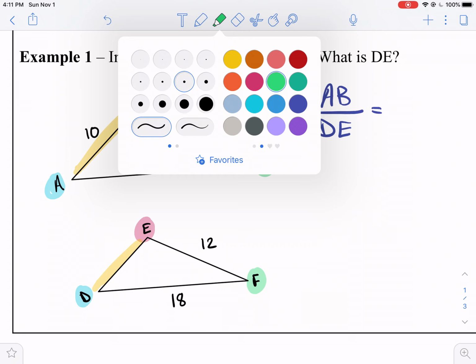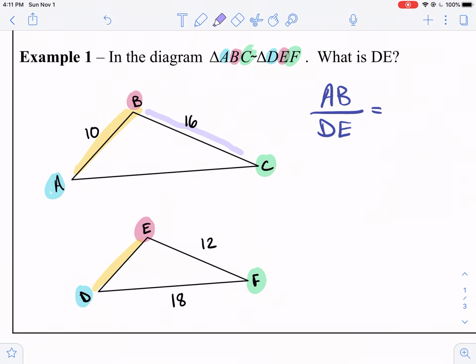So since B goes with E and C goes with F, then BC goes with EF. Nice. So BC over EF is the same ratio as AB to DE.